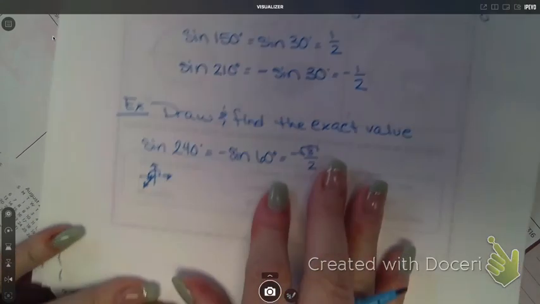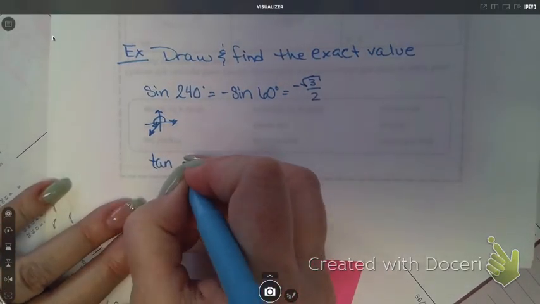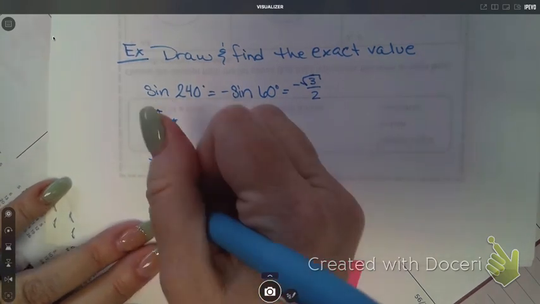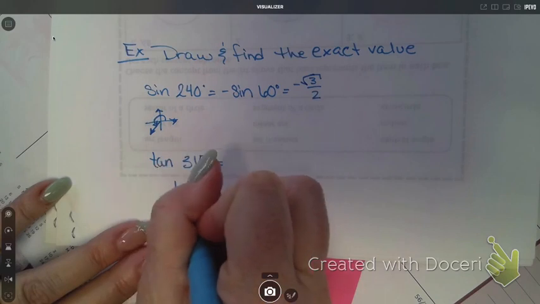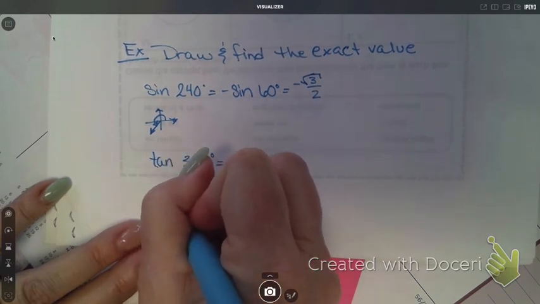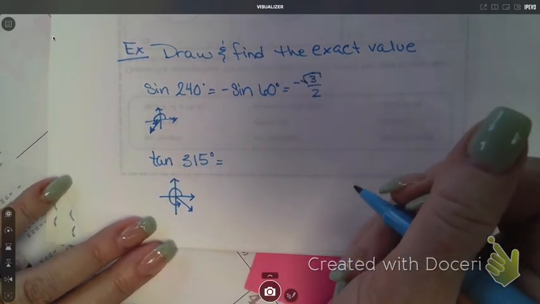Same directions for the tangent of 315. What quadrant? Fourth. Okay, positive or negative?